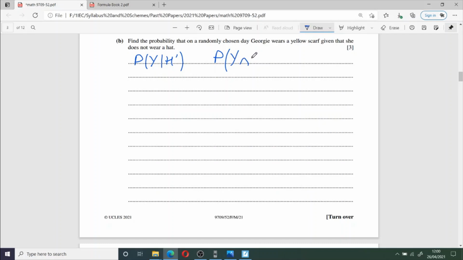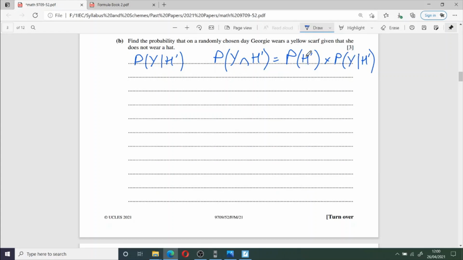So P of Y intersection not H is equal to the probability of not H multiplied by the probability of Y given not H. And the reason I always like to start with this on the left hand side is it means whichever one has come first here, so here I've put not H first, that means that the other one comes first here.